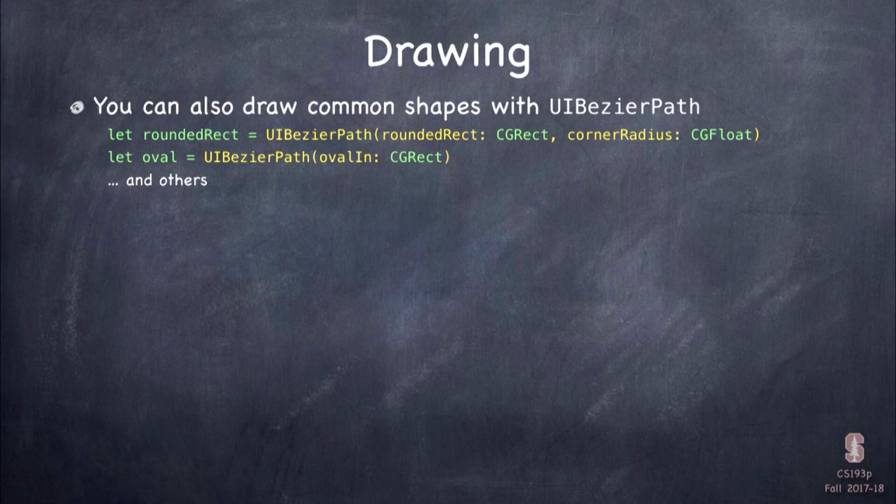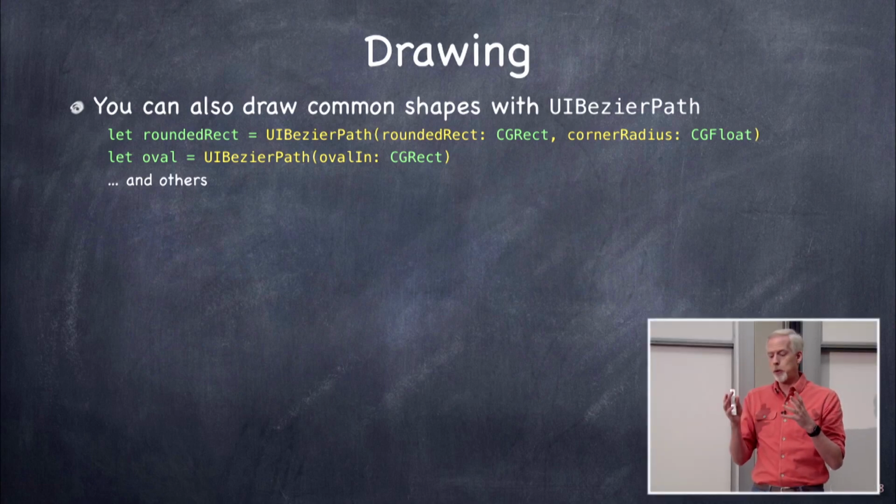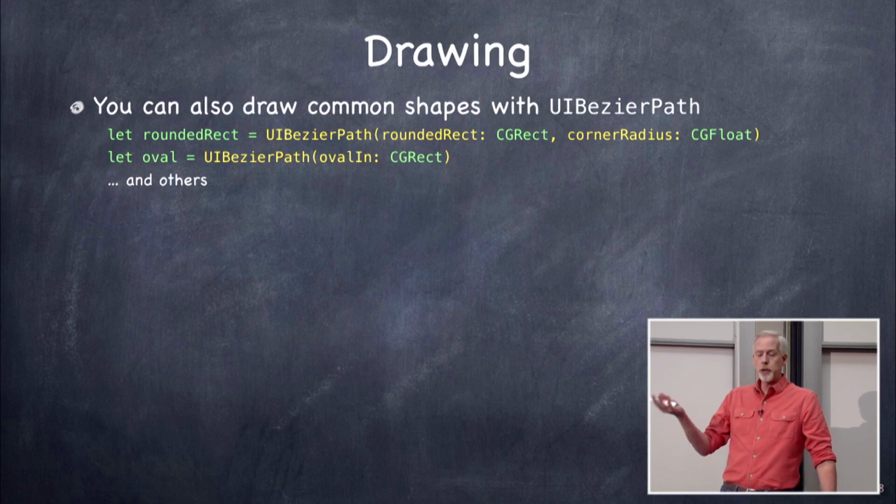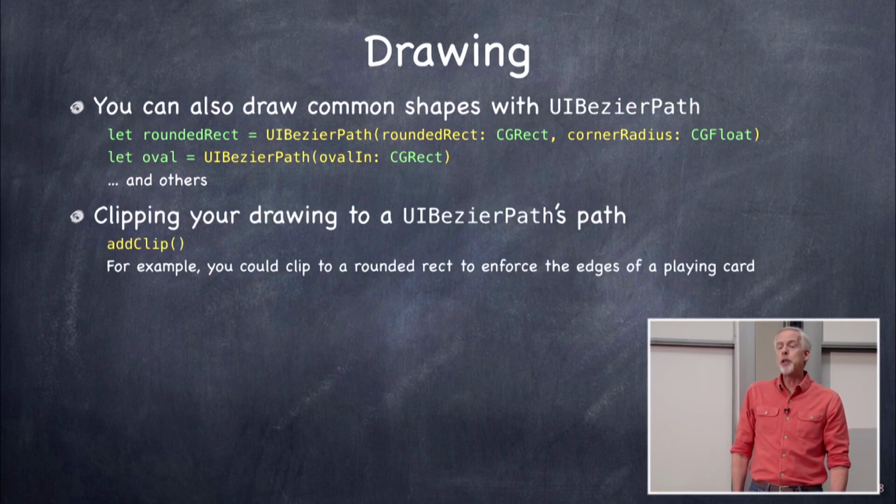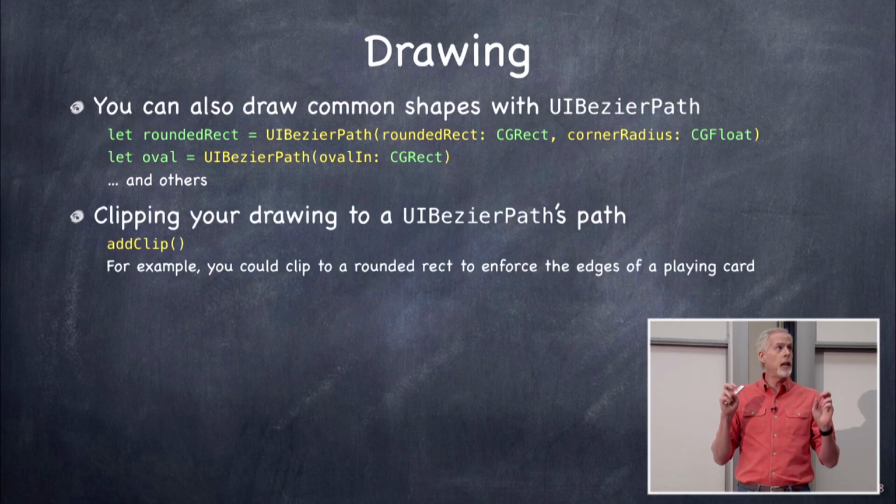All right. Now, you can use UIBezierPath also to create some very common paths, like a rounded rectangle, which we'll use in our demo because we're going to do a playing card, okay, which has a rounded rectangle. You can also do circles, ovals, things like that, using other initializers of UIBezierPath. Note that you can use your Bezier path to clip your drawing.